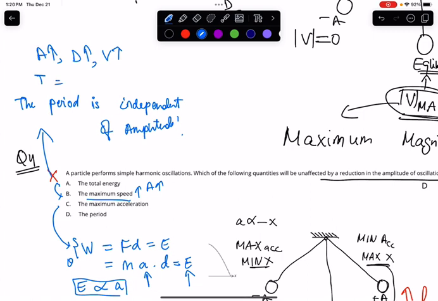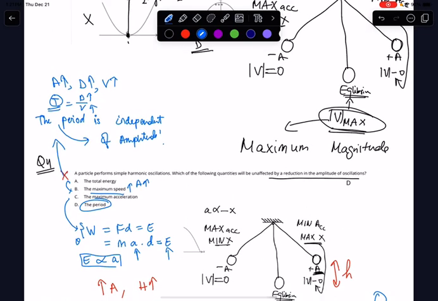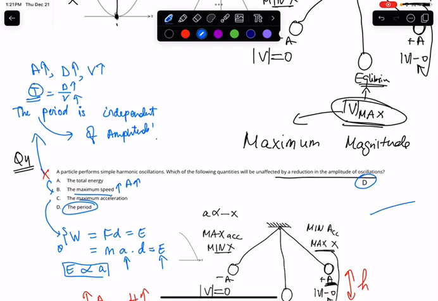So we know that time is, in this case, displacement divided by velocity. So if the displacement is higher, or if the amplitude is higher, the velocity will compensate for it. So the time period will still remain the same. So the period is independent of the amplitude. So answer D is correct, which is this. Okay.